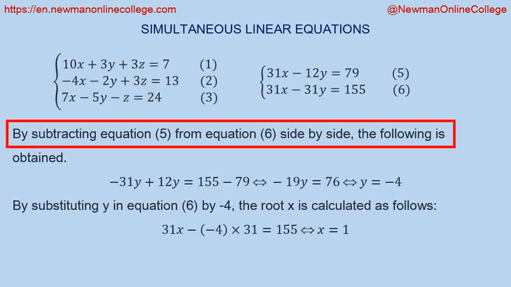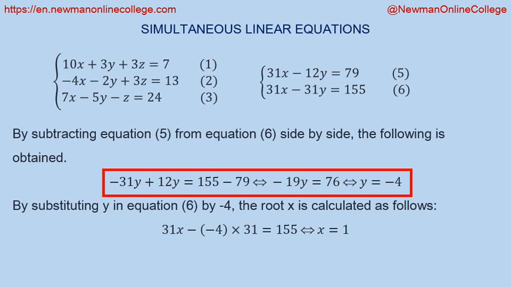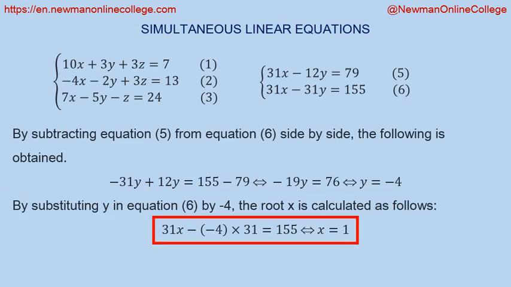By subtracting equation 5 from equation 6 side by side, the following is obtained. Negative 31y plus 12y equals 155 minus 79, which is equivalent to negative 19y equals 76, which is equivalent to y equals negative 4. By substituting y in equation 6 by negative 4, the root x is calculated as follows.